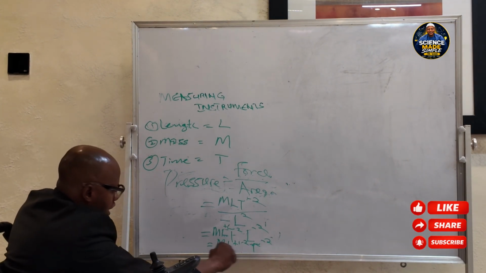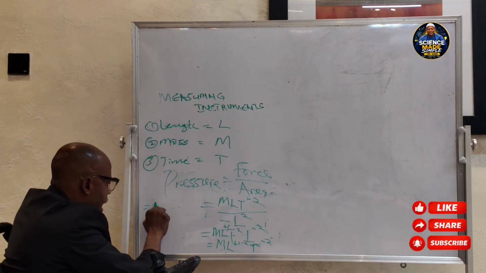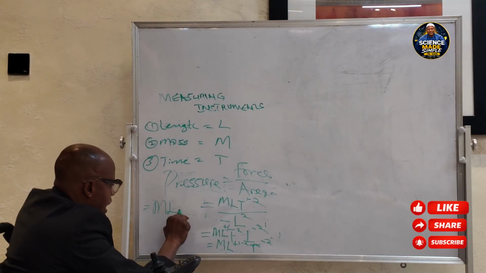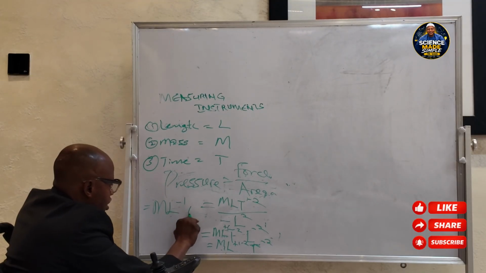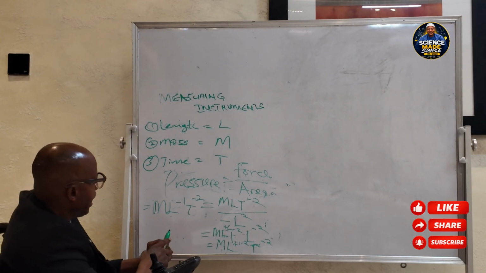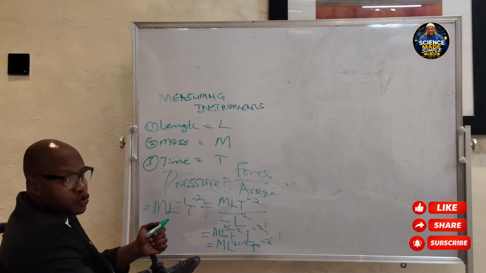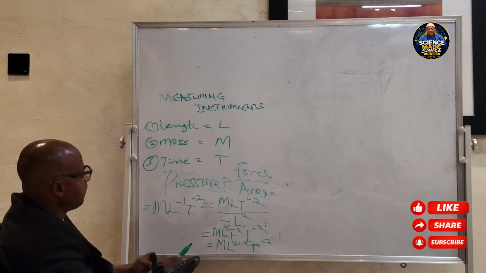If you calculate plus 1 minus 2, it's going to give you M L minus 1 T minus 2. M L raised to the power minus 1 T raised to the power minus 2. That is for the first.